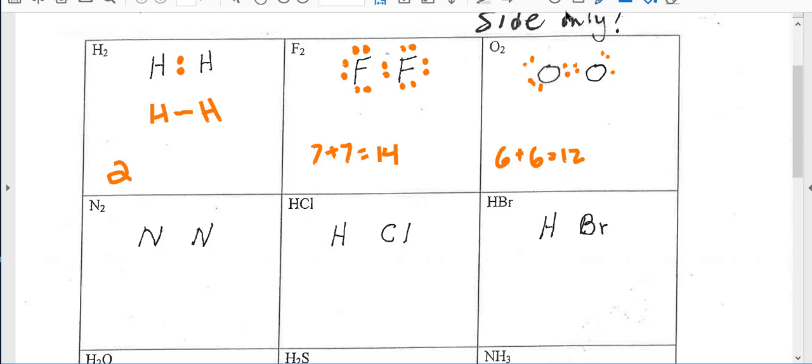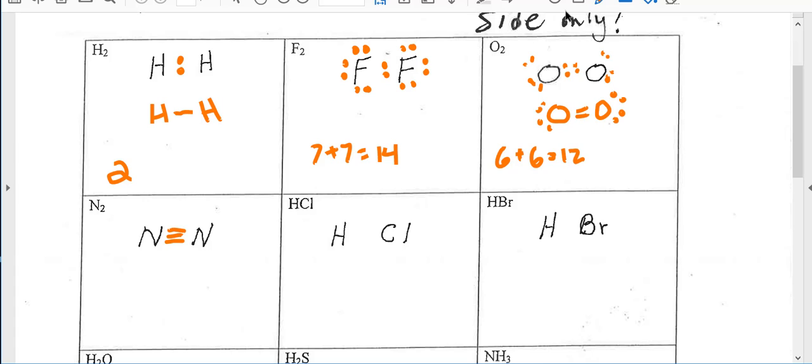You have to put the extra electrons around the outside like this. Again, another way to write this would be 2 long dashes. And make sure you put the 4 electrons on the outside of the oxygen, which are unshared, like that. Perfect.